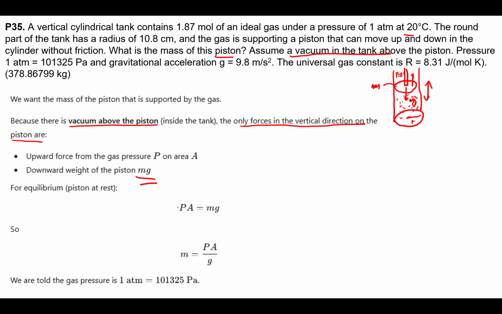And then that means at equilibrium, the pressure inside will give you this force upward, and then this is going to be the force downward. And then we can find out m is going to be this one.